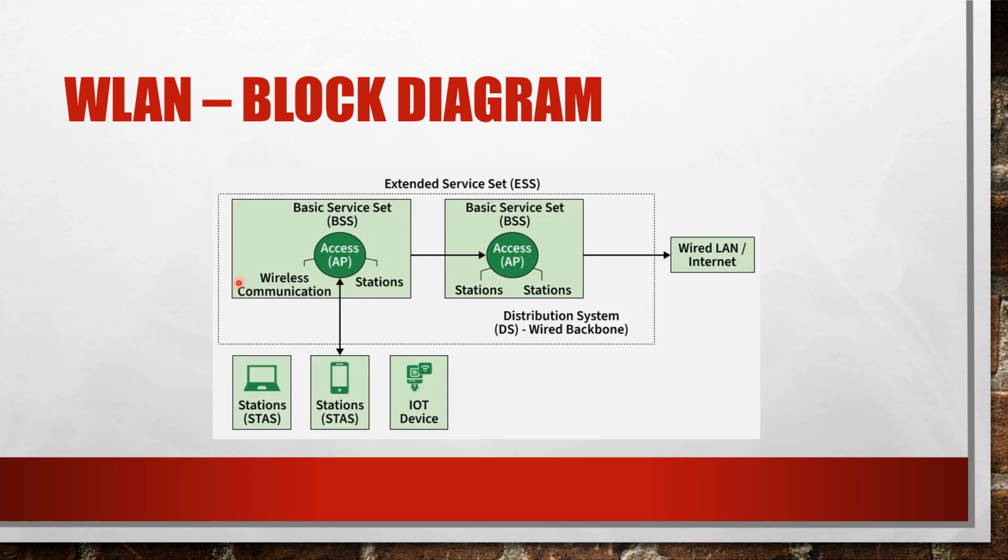And this is the block diagram representation of access points, where the station is available in our mobile, laptop, or IoT device. Whenever you want to make an establishment, an access point will make a communication, and this access point forms the basic service set, BSS, and these BSSs have connectivity, and it also makes connection to wired LANs and the internet.